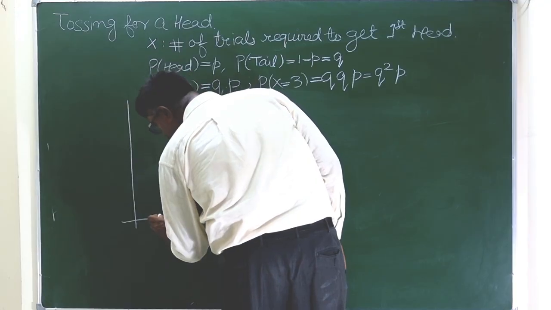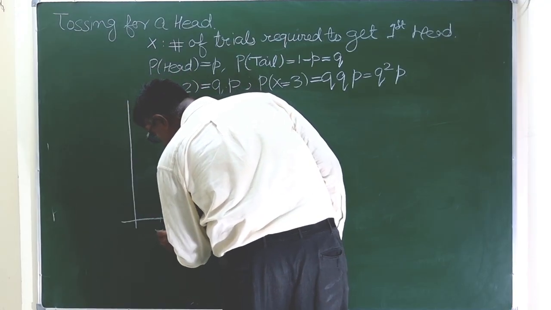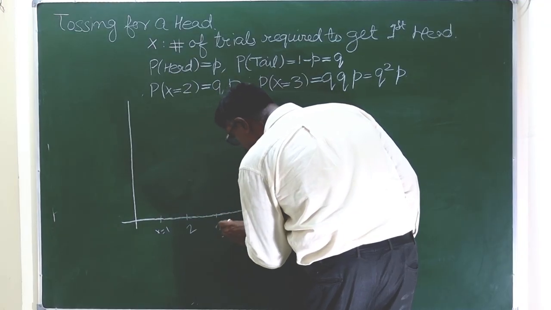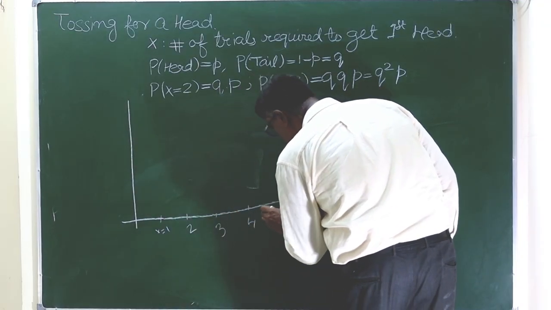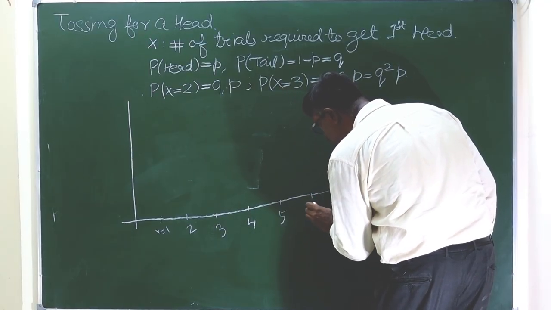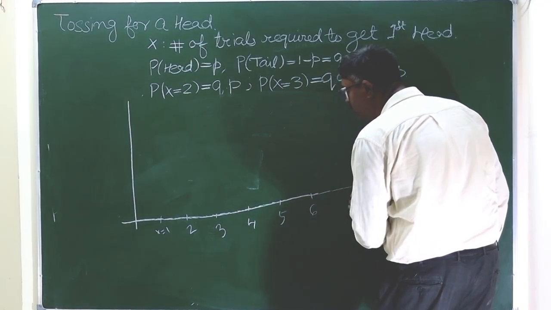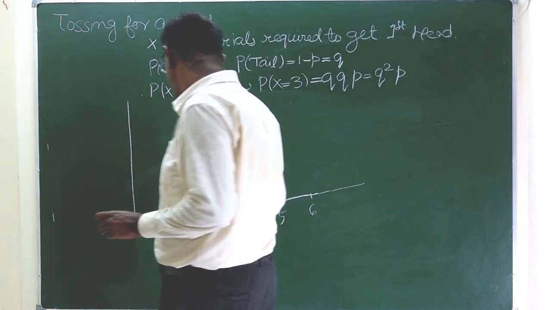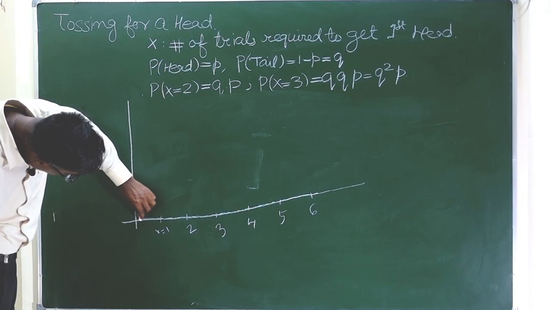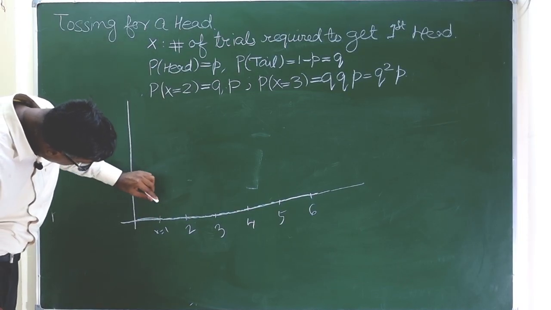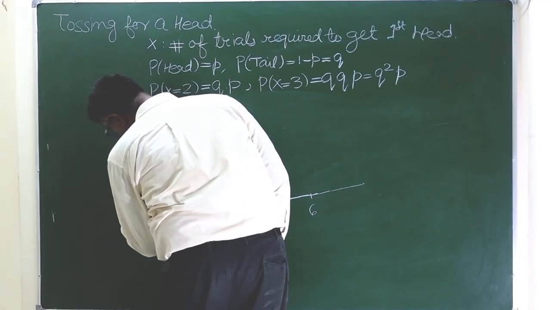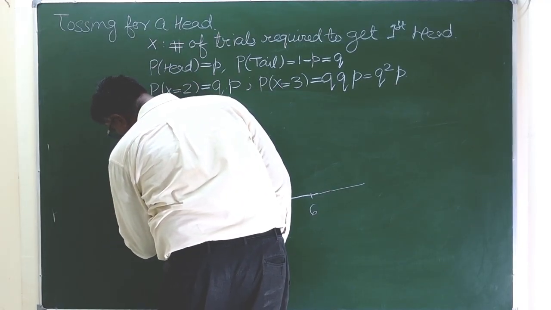So we are getting x equal to 1, 2, 3, 4, 5 and 6 and so on. We are given that F(x) is 0 for the interval x less than 0, and at x equal to 1, say it is 1 by 2.